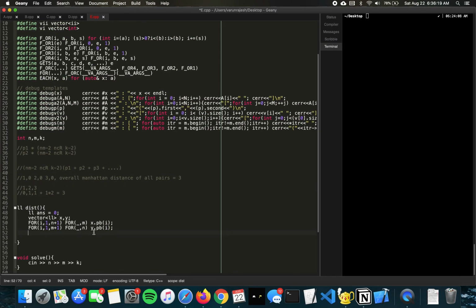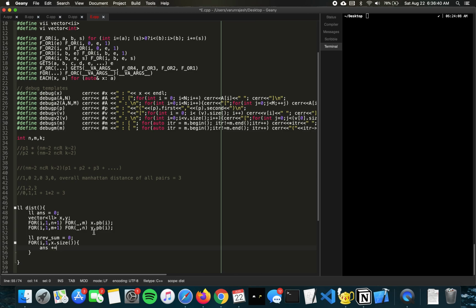So first let's handle the x case, right? So let's have something called previous sum and set that to 0. And then for i between 1 and x.size, yep, okay.